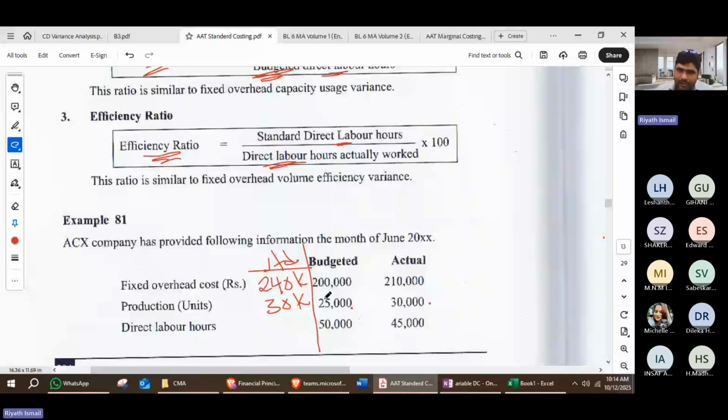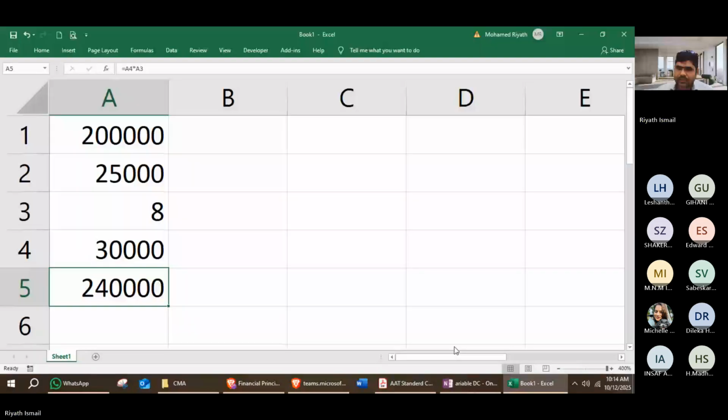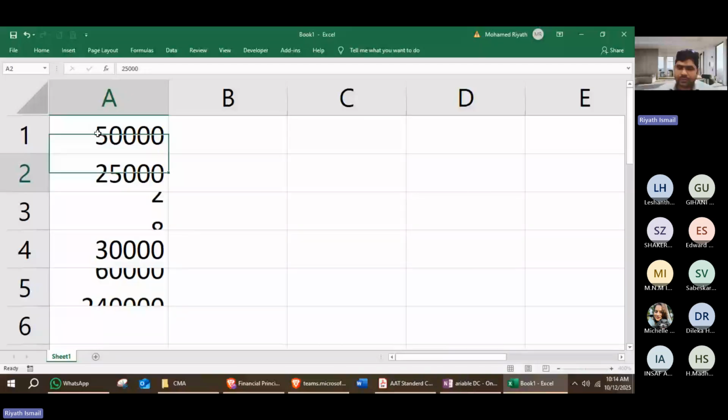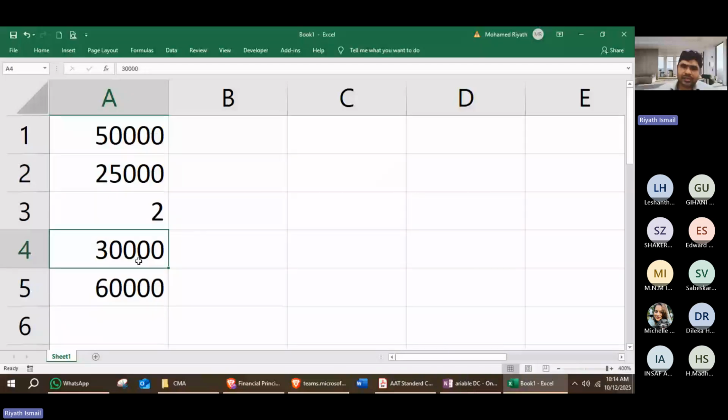And direct labor hours: 50,000 hours for 25,000 units, right? Actually, they worked for 30,000 units. So therefore, it should be 60,000.